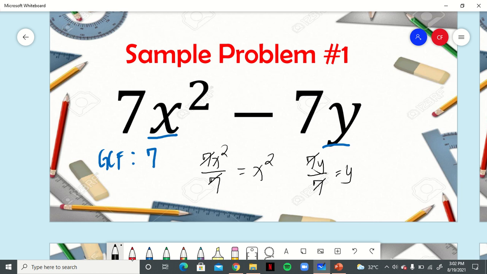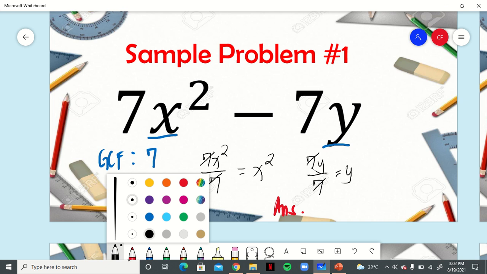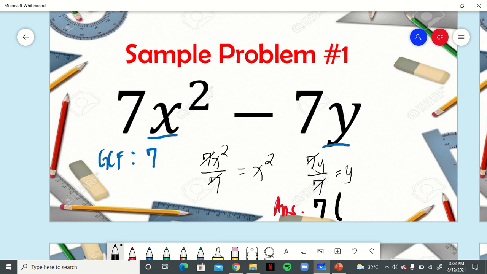So, ibig sabihin, yung factor ng sample problem number 1, sulat natin dito, answer, 7 times the quantity of x squared plus y.